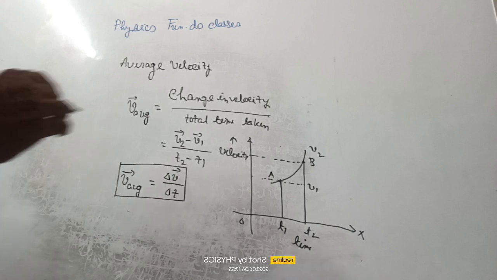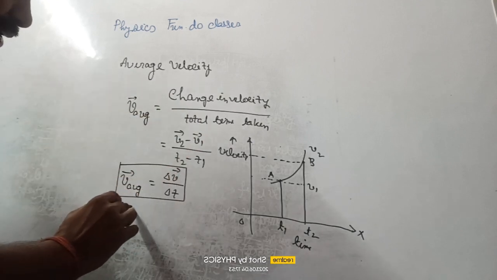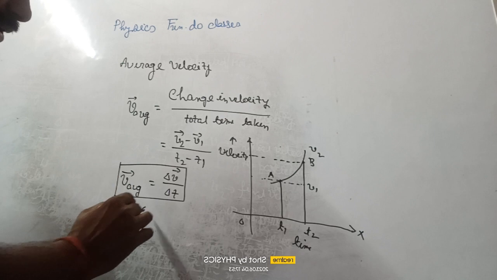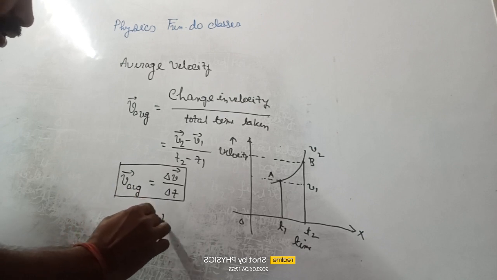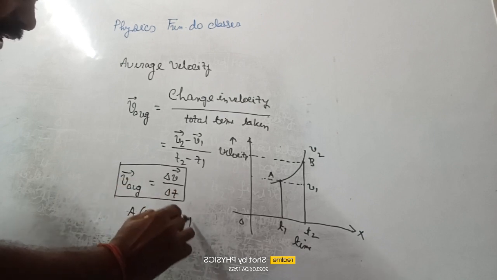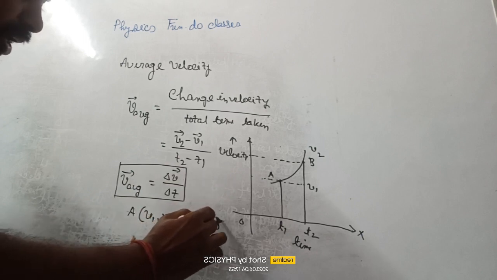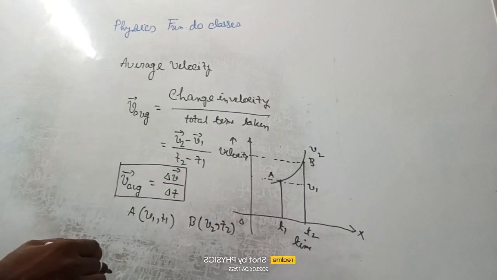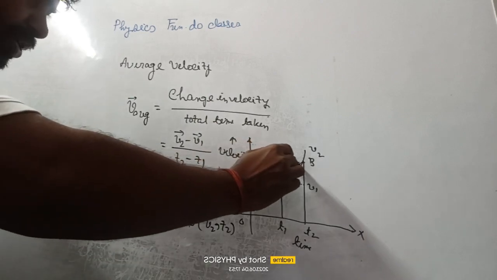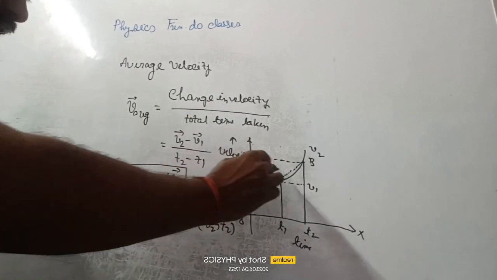So coordinates of the A point is T1, V1, and that of the B point is T2, V2. Now joining this, we'll have a right angle triangle.